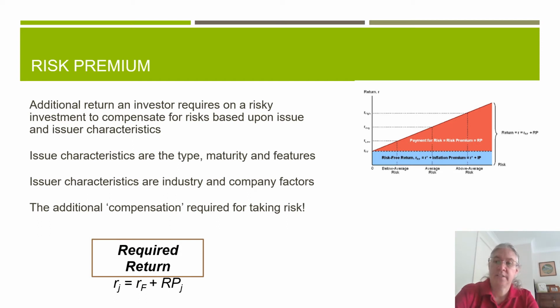Once you get above this risk-free level, we've then got the part in red. This is the compensation that we require based on that specific investment that we're buying, the risk premium for J. So we don't know what J is, but if J was something quite low risk, let's say back here on 0, it was buying government bonds.